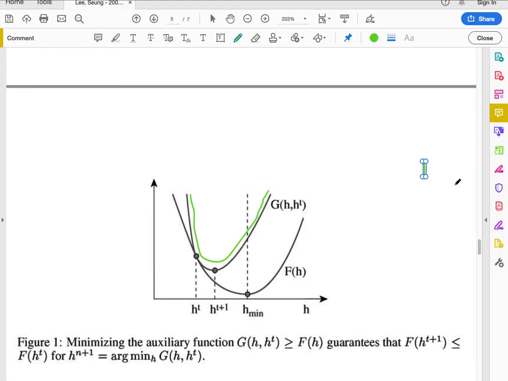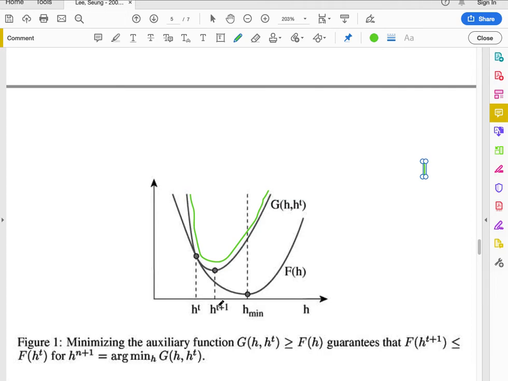Your G is always greater than F. So G is an auxiliary function, and just like we discussed, at this HT, they are the same, but then you optimize over G, and you are guaranteed that you're also improving over F.